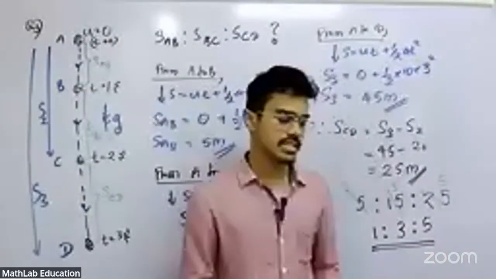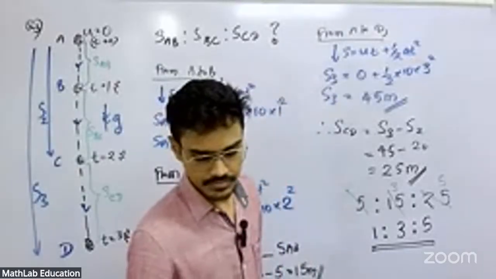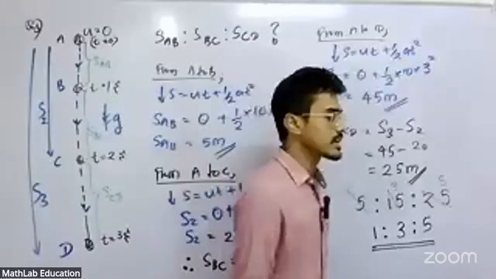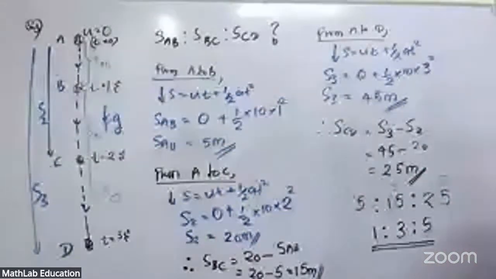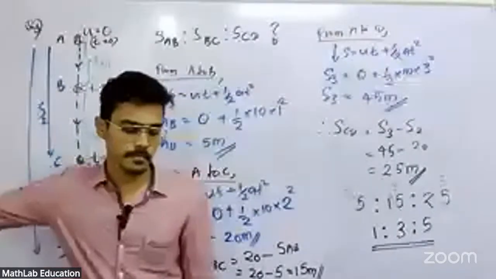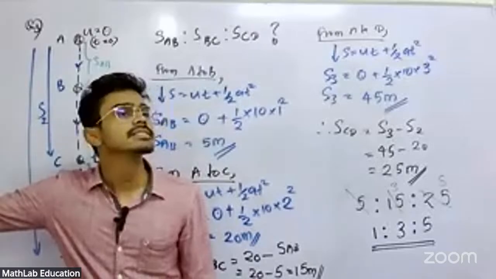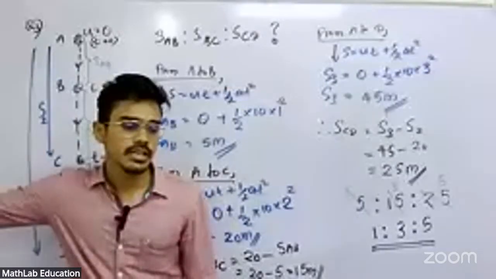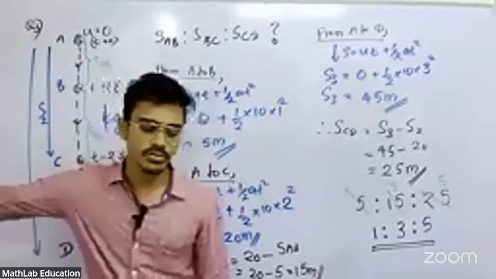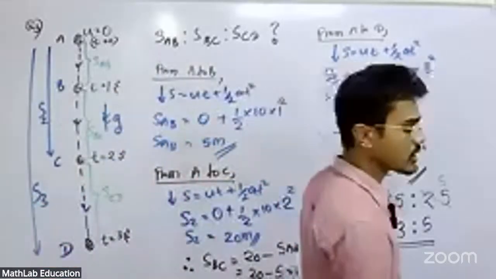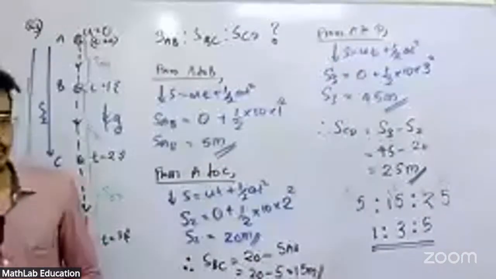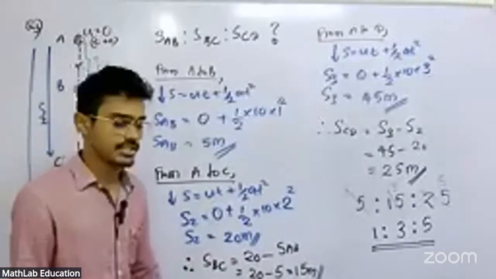Multiple sections can be considered at once if acceleration remains constant in each section.